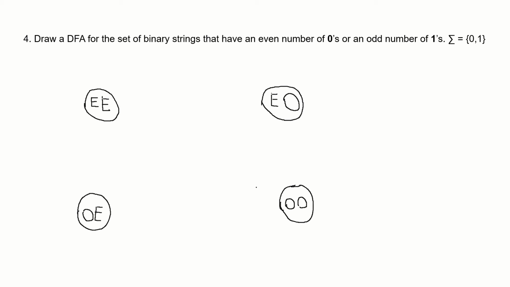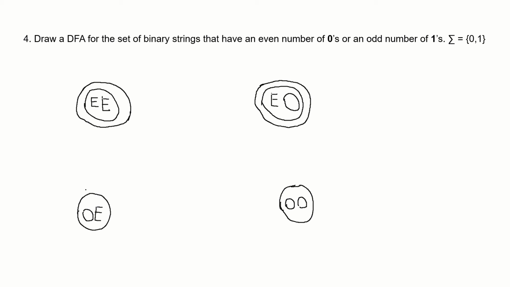All right, so now what will be the final states? As the condition is an or, if the state has even 0 or odd 1, then that will be a final state. So this state has even 0, so this will be one of our final states. Similarly this has both even 0 and odd 1, so it will also be a final state.